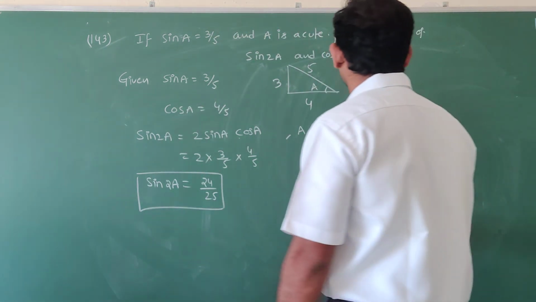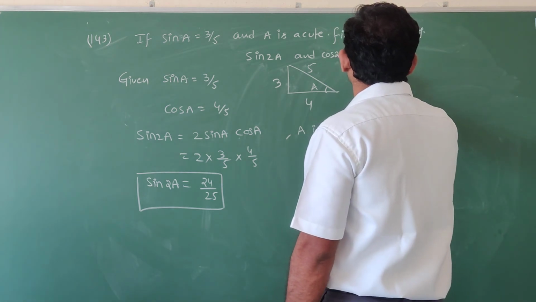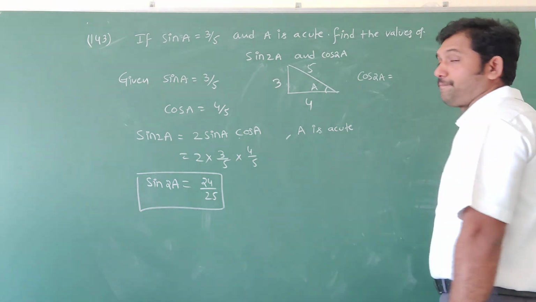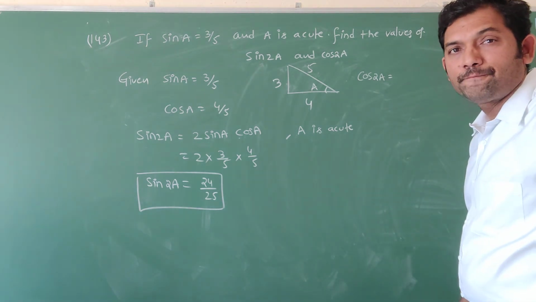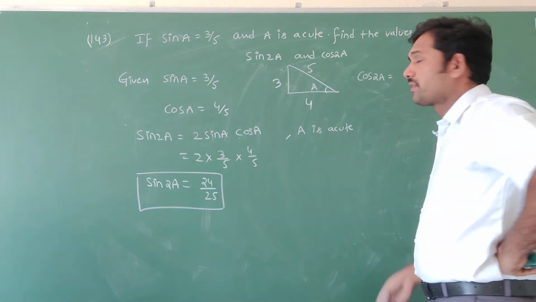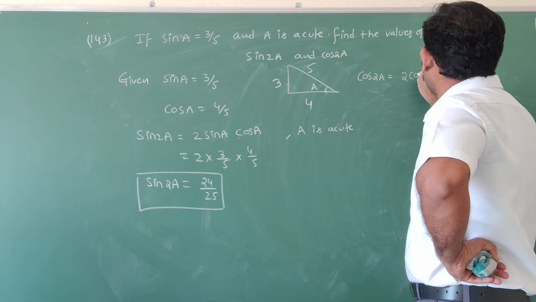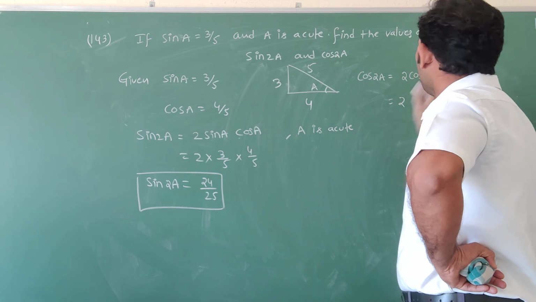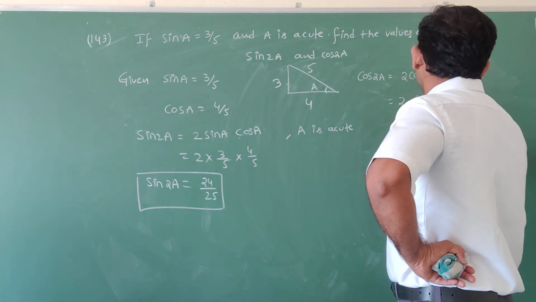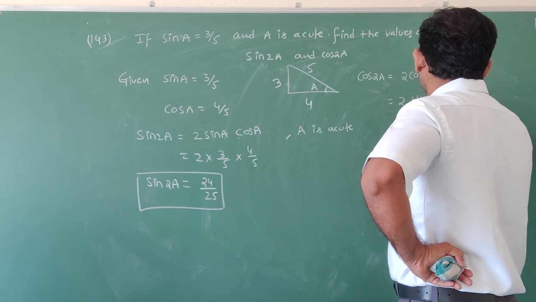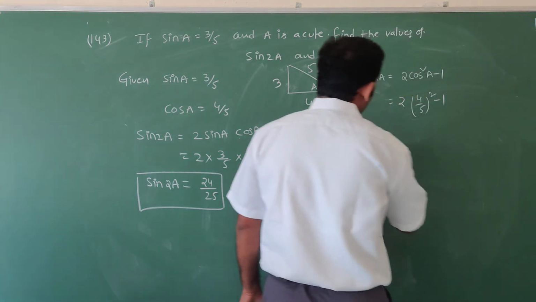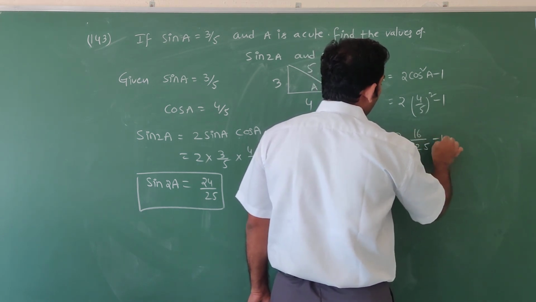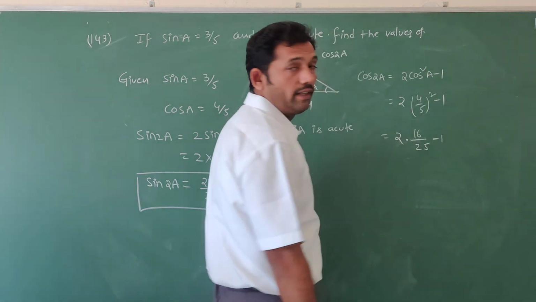Similarly, you simplify the cos 2A value. You can take any one formula. I will take 2 cos square A minus 1. So 2 into (cos A, 4 by 5) whole square minus 1. 2 into 4 square means 16 divided by 25, minus 1.